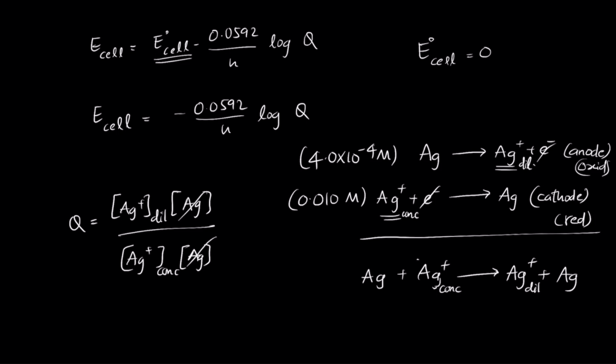The Ag concentration will not matter, so we have to calculate Ag plus dilute by Ag plus concentrated. Ag plus dilute is this value and Ag plus concentrated is this value. So you have 4 times 10 to the power negative 4 divided by 0.010 m. So let's try to calculate that value.